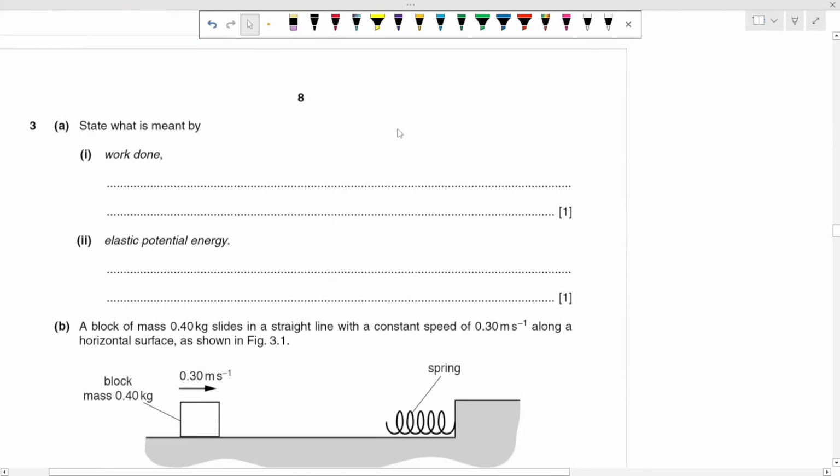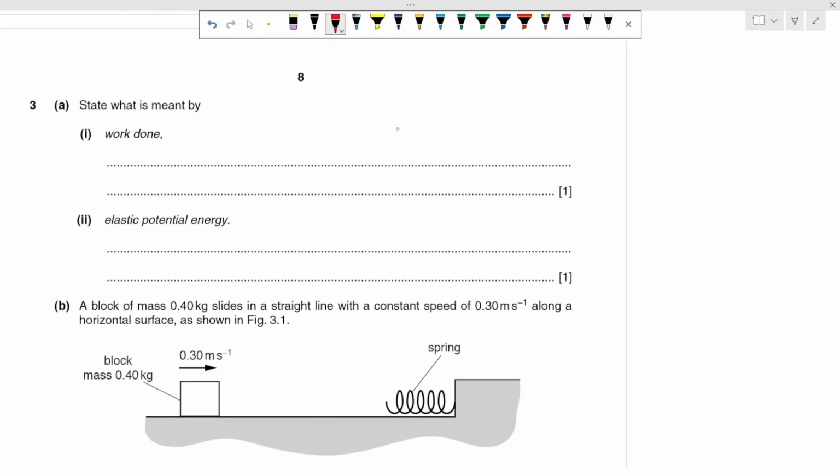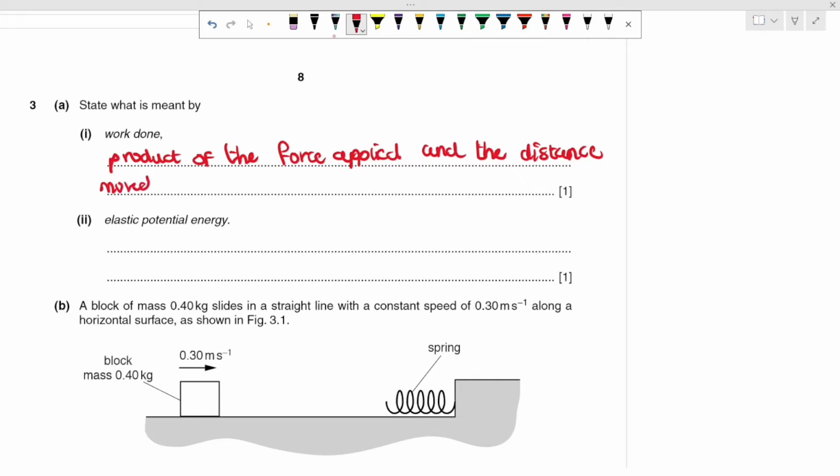Moving on. 3a, state what is meant by work done. Recall question and you get a mark. Work done is basically the product of the force applied and the distance moved in the direction of the force.